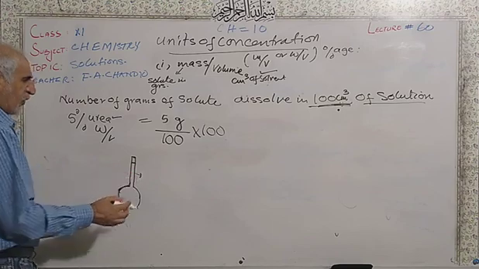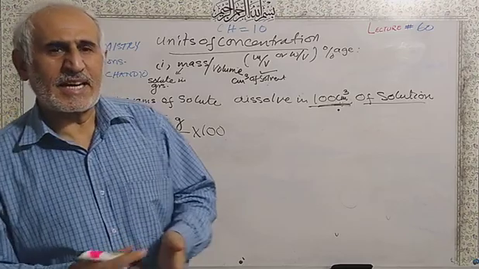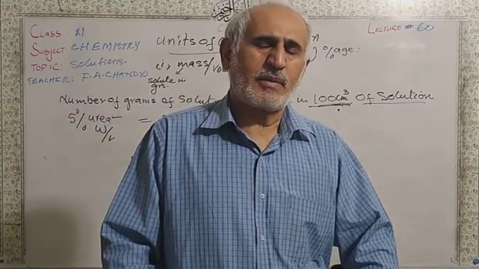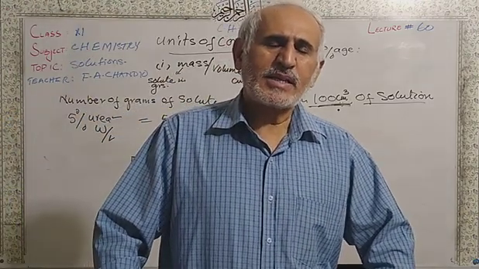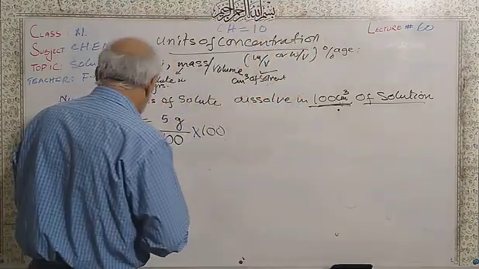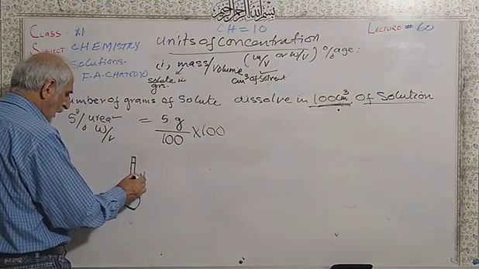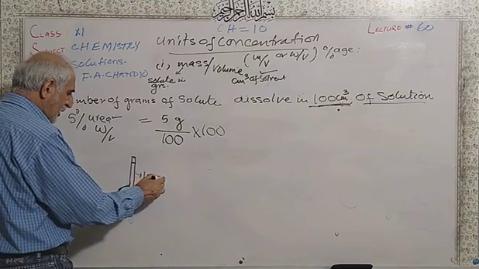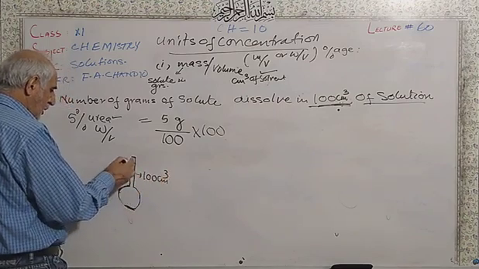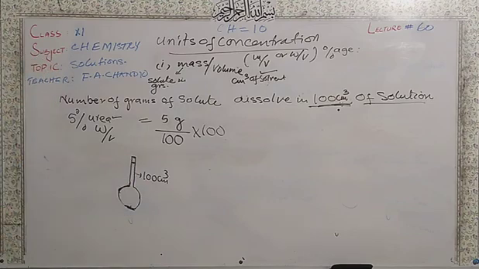You will find in the laboratory different sizes of volumetric flasks, maybe 10 centimeter cube, maybe 50 centimeter cube. Because we are calculating percentage here, we have a 100 centimeter cube flask. It means from this level to this level, it has to occupy 100 centimeter cube.